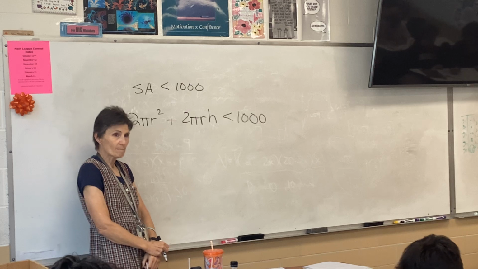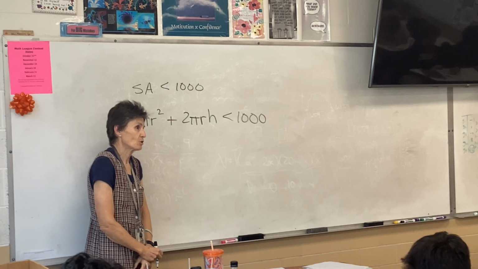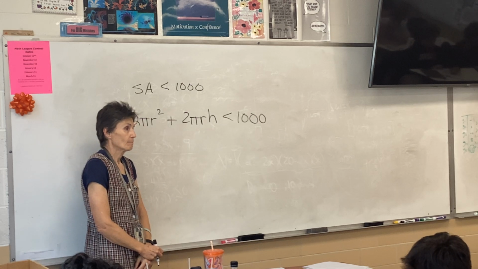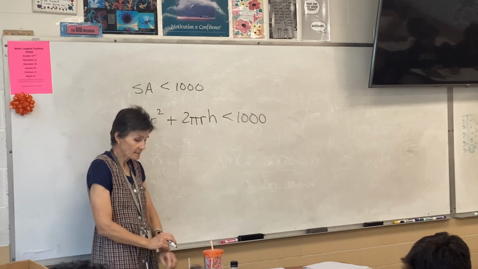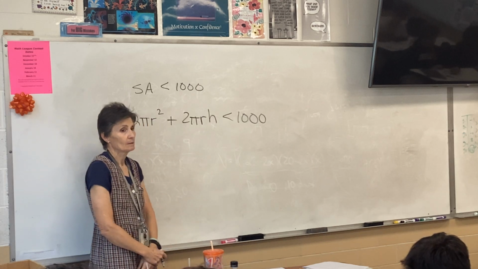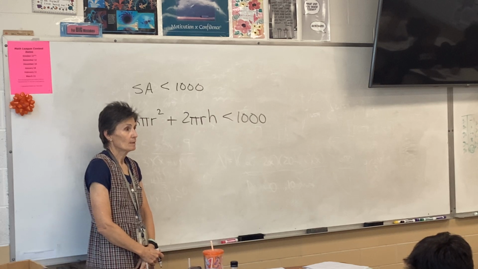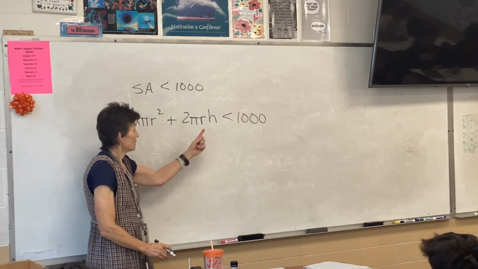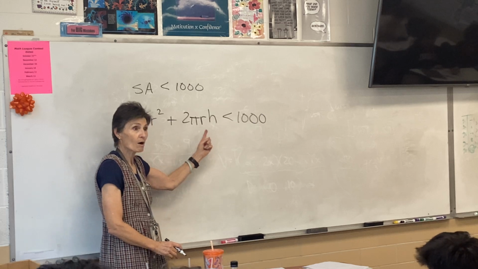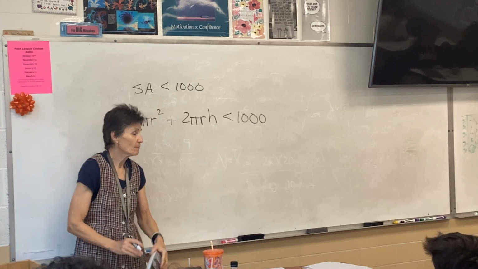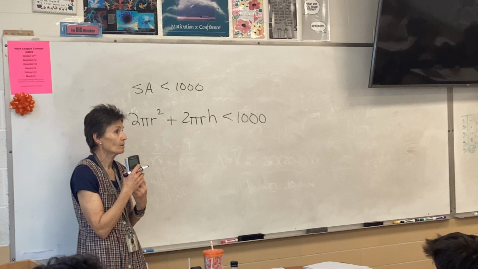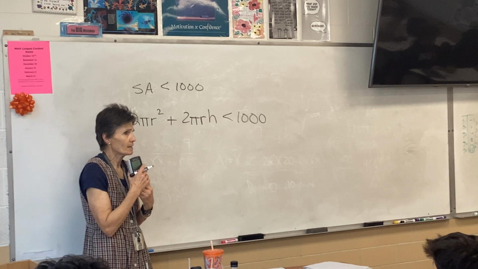Now you tell me what's wrong with this equation. No, pies are okay. I can type pi in on my calculator. Squares are fine. I can type squares on my calculator. There's an H and an R. And when I type an equation in on my calculator, I just use X, don't I?